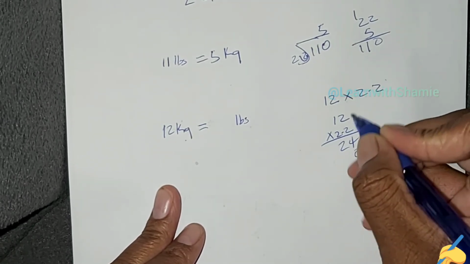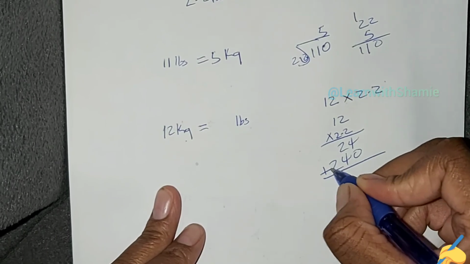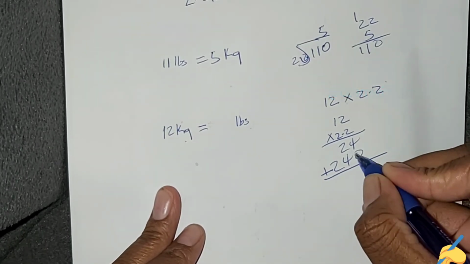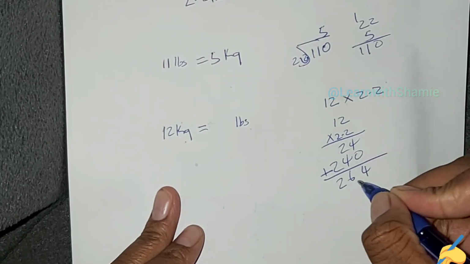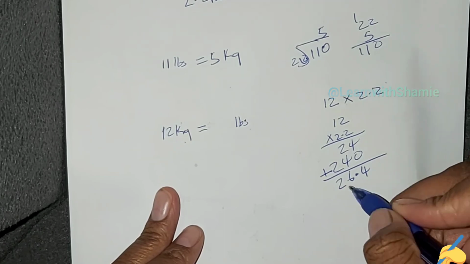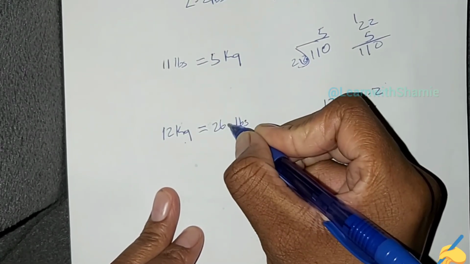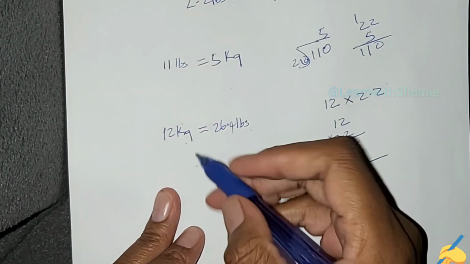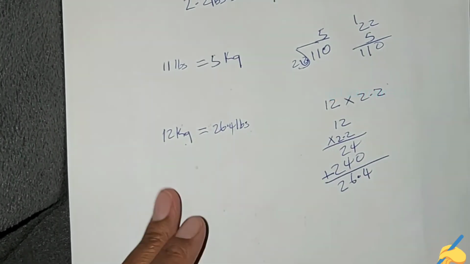And a 0, 2 twos 4, 2 ones 2. We're going to now add. 0 plus 4 is 4. 4 plus 2 is 6. 2. Put back our decimal point one place. So our answer is 26.4 pounds. So 12 kilogram is equal to 26.4 pounds.